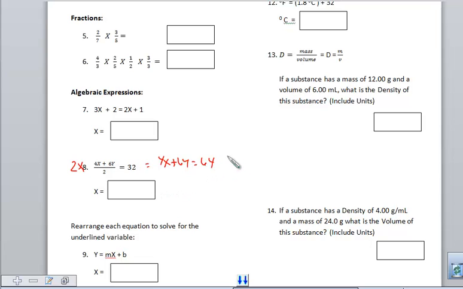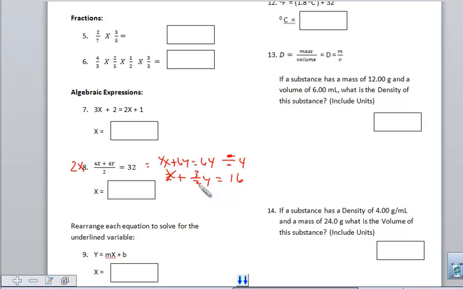Now I would divide this by 4, and that would give me x plus 6 over 4, or 3 over 2y, equals 64 divided by 4, which is 16. So that would give me x plus 3 over 2y, or 1.5y, equals 16.